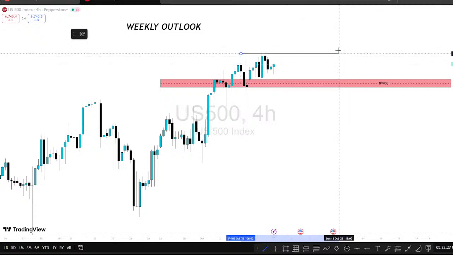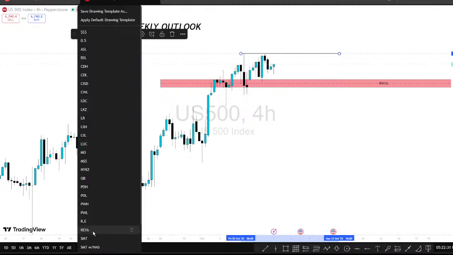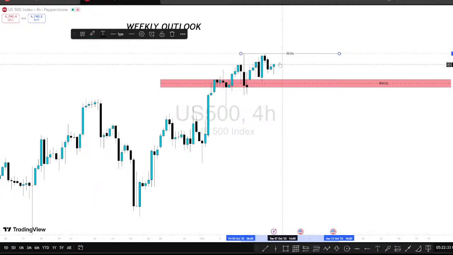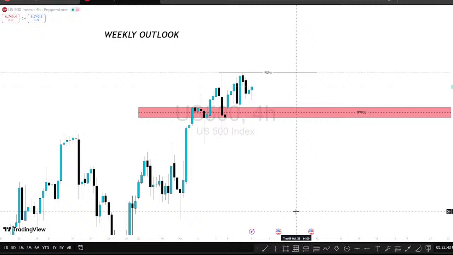Instead, we have relative equal highs, which is a quite good draw on liquidity, but then it's closer than I think. So same as on US100, this is where I expect another confirmed change in state of delivery, where I want to get in and trade higher.